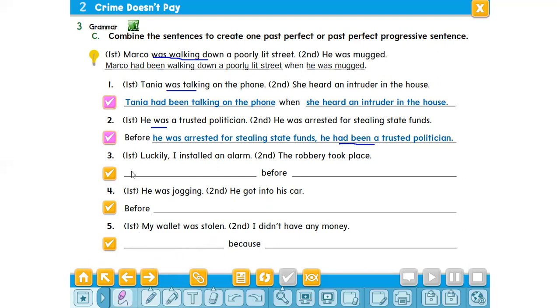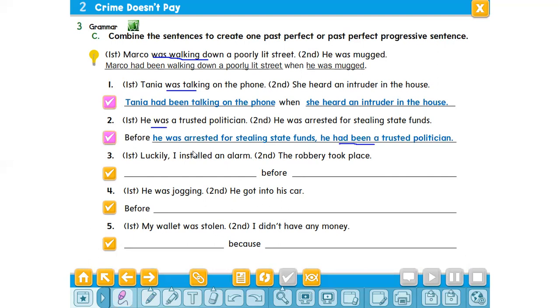Number 3, the first action, luckily I installed an alarm. Second action, the robbery took place. Again, before is followed by the second action, okay? And the main verb here is in the past form. So we will use which tense?